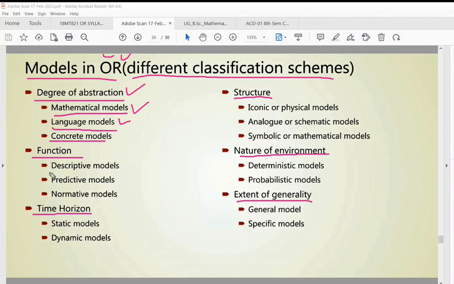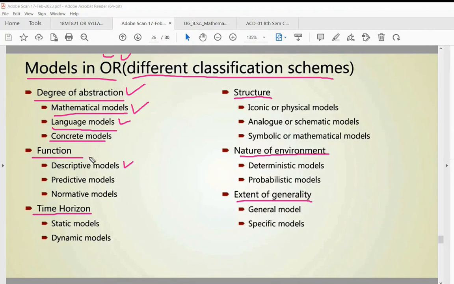Then function, the descriptive model. Whatever industries or organizations are available, those organizations have many types of functionalities. According to that functionality, which type of function we need to monitor and how we convey the problem with respect to the solution is itself called a function.